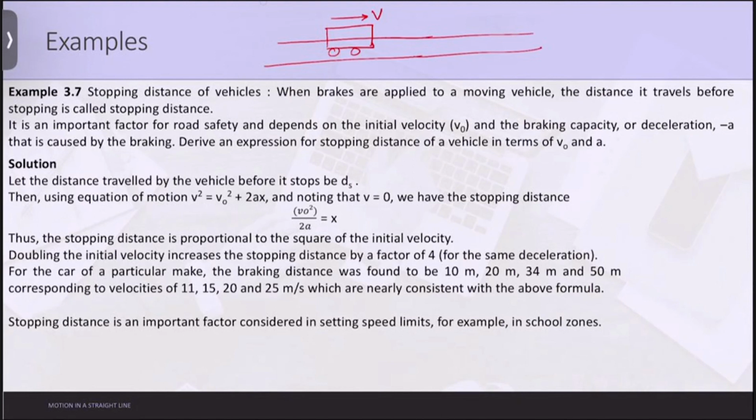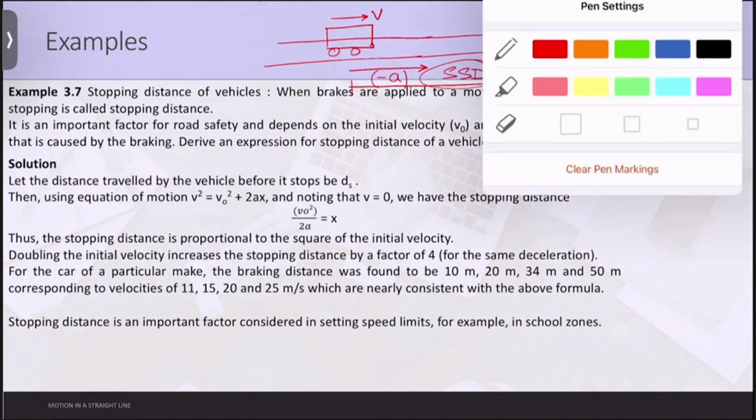Let us say the brakes are applied. The brakes will provide a negative acceleration. That negative acceleration will lead to the velocity becoming 0. The distance it took is called the stopping sight distance, also called SSD.